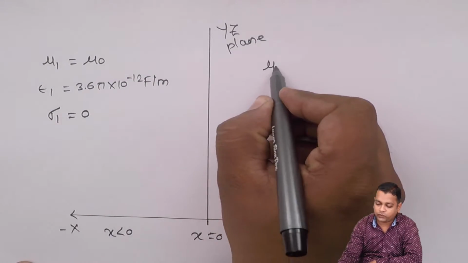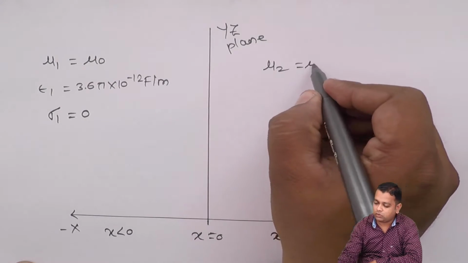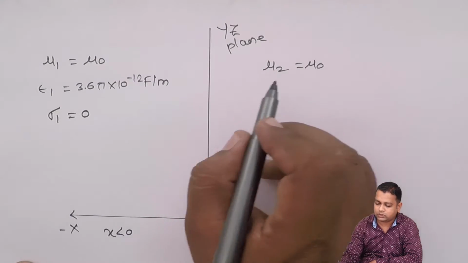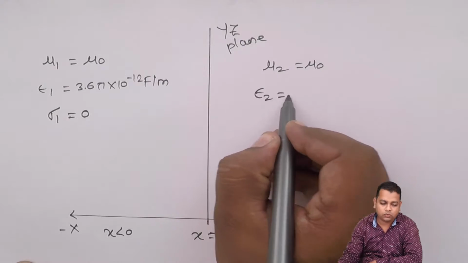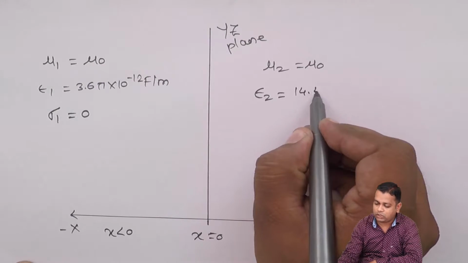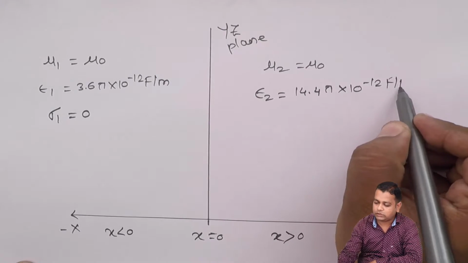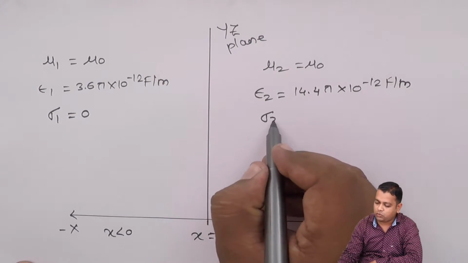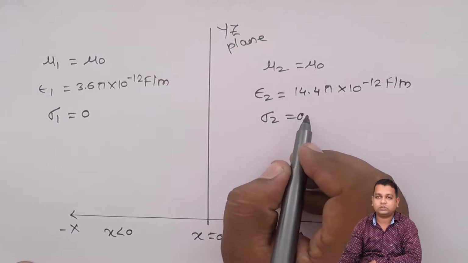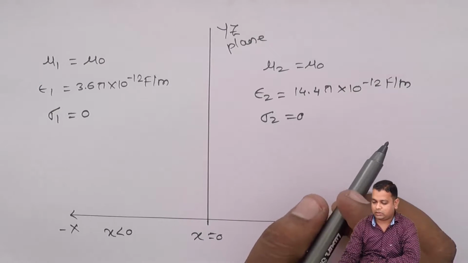So on the other hand, we have mu2 is equal to again mu0, the same value. The epsilon 2 is with different value, that is 14.4 pi into 10 raised to power minus 12 farads per meter, and sigma 2 conductivity is also equal to 0 for the perfect dielectric medium.